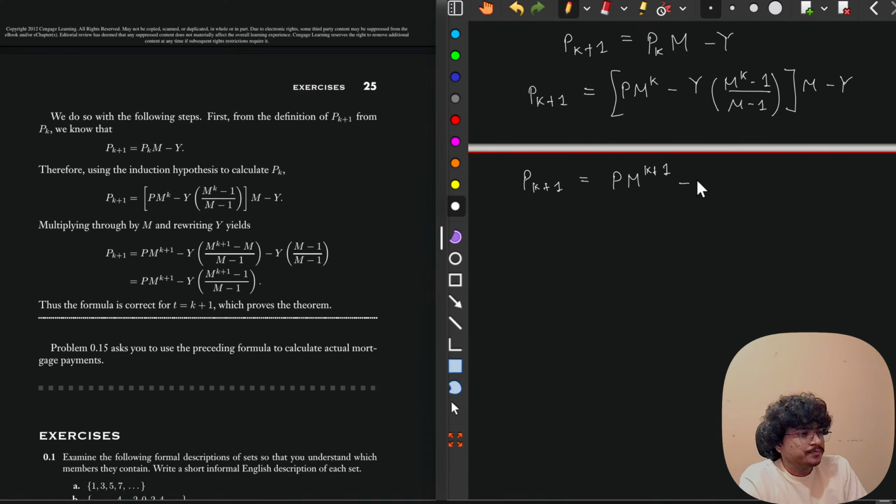Just one more time: if I multiply here Y by M, M will be multiplied inside as well, so it will yield M^(K+1) minus M over M minus 1.